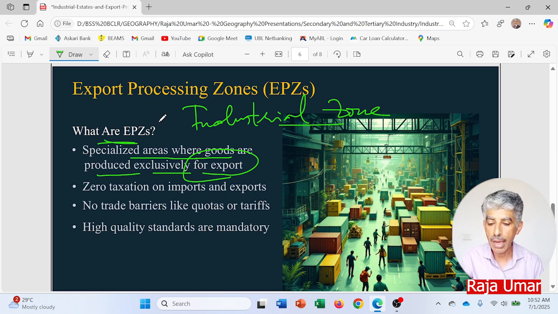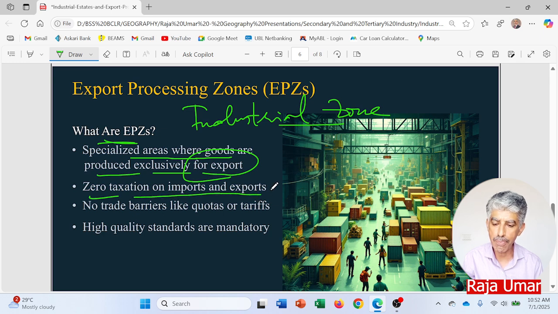But the industries established in an export processing zone must export, as they have really much stronger monitoring and checks on the international standards, and they must have those ISO certifications, and then they will be able to export those products to other countries.